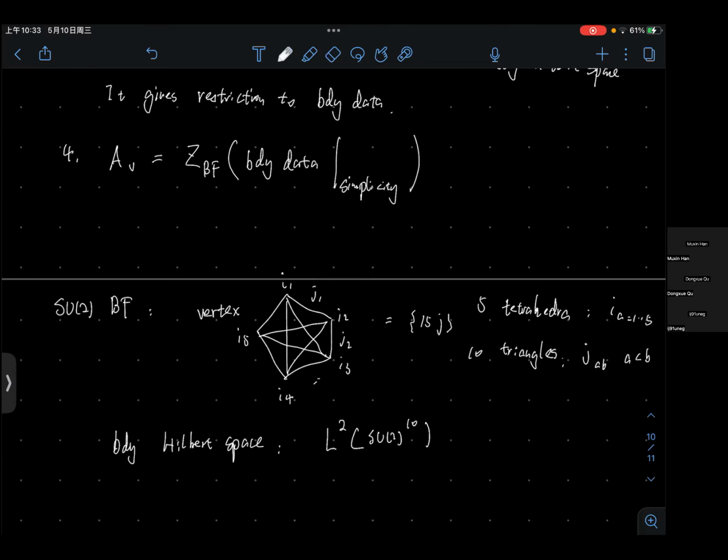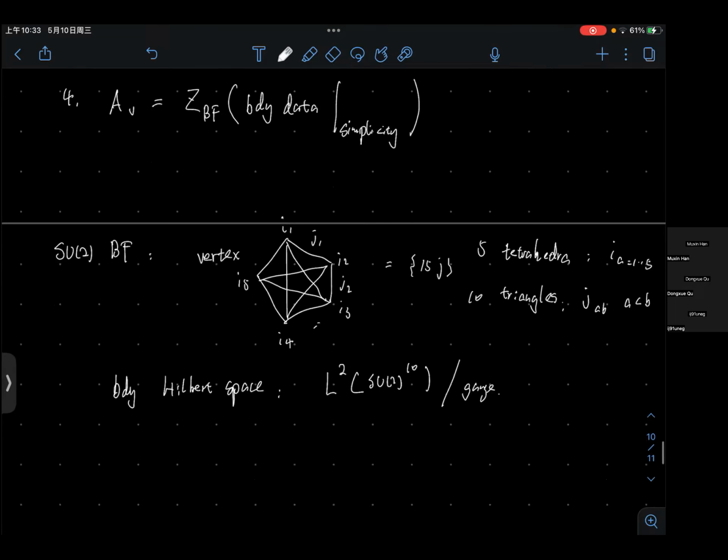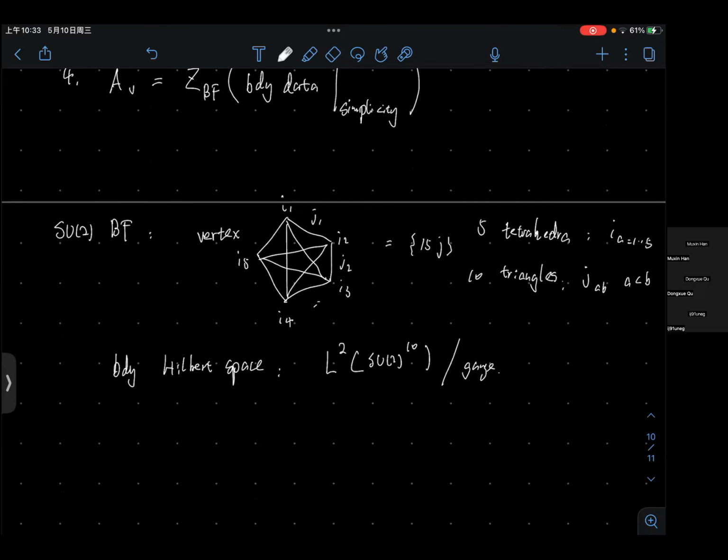In this spin network there are 10 edges, dual to 10 faces, modulo gauge. So basically, the boundary Hilbert space consists of those gauge invariant states in the L2 Hilbert space of 10 copies of SU2. Okay, so this is SU2 BF theory.